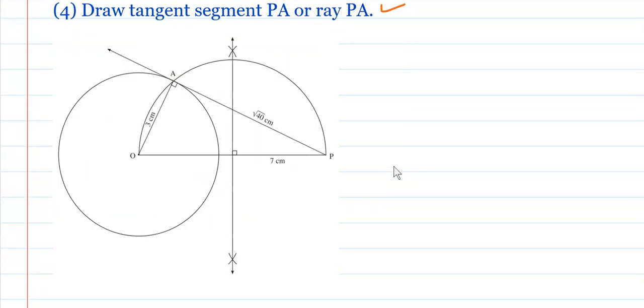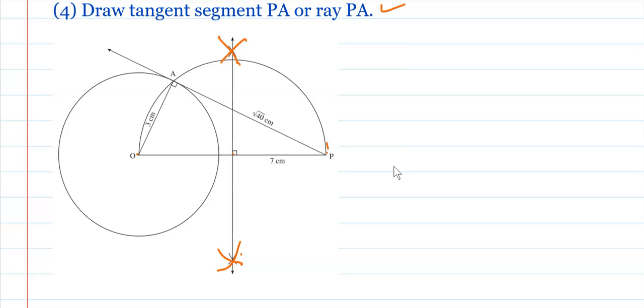First of all, draw a circle with radius 3 cm. Take the point P. Then take more than half the distance, considering O as the center, and draw these two arcs. Then take P as a center and draw the next arc. Draw the perpendicular.